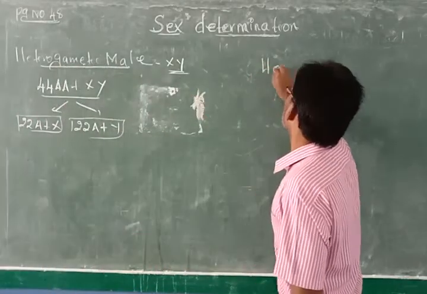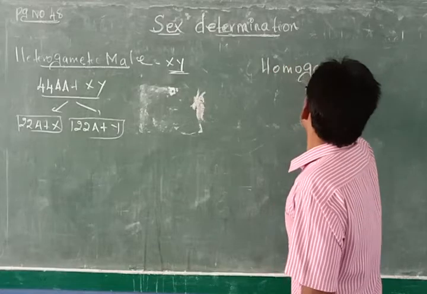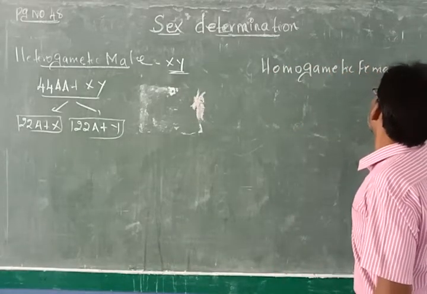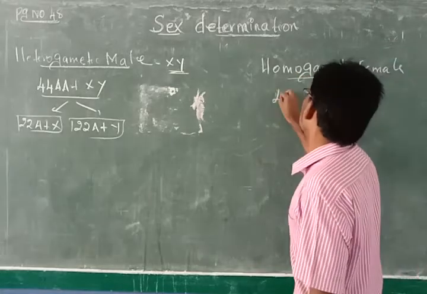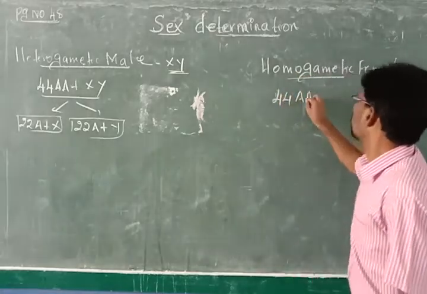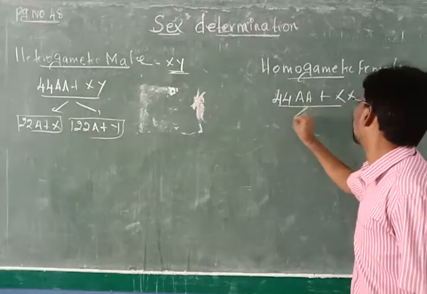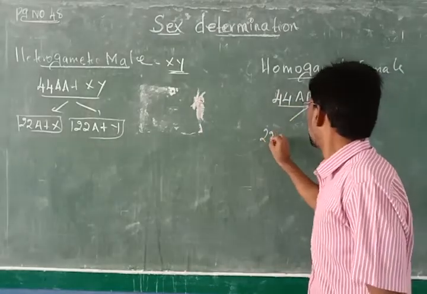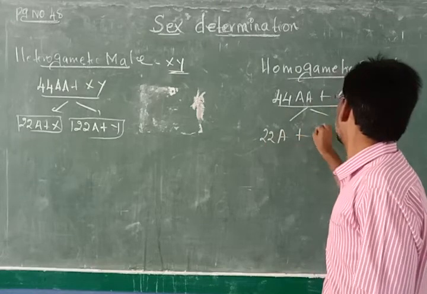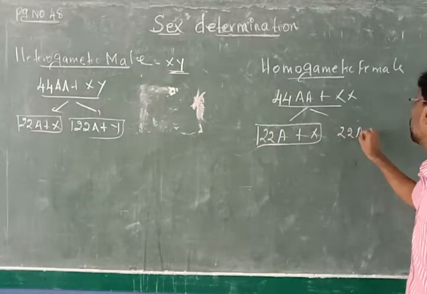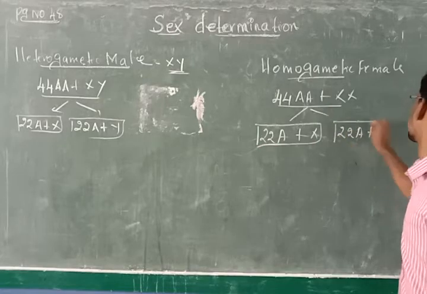When we talk about the homogametic female, we are talking about 44 autosomes plus two X chromosomes. When this divides, you will have 22A plus X chromosome, this is one set, and again you will have 22A plus X chromosome.